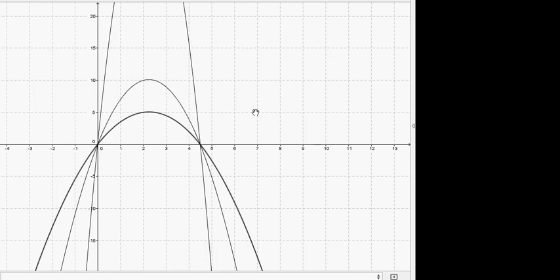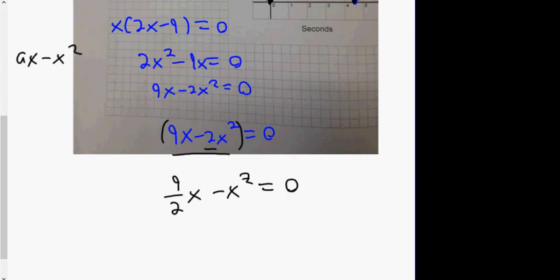Yeah? So by multiplying it by a half, I basically halved its original size. This is the original one, and because we multiplied by a half, we basically halved the y value. Okay? So what this means is that the equation we're looking for is ax minus x squared. A therefore has to be equal to 9 over 2.